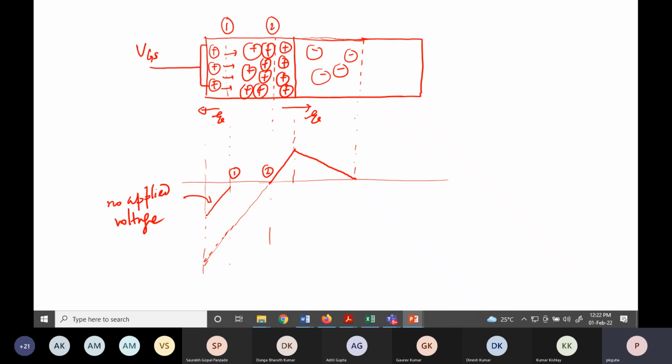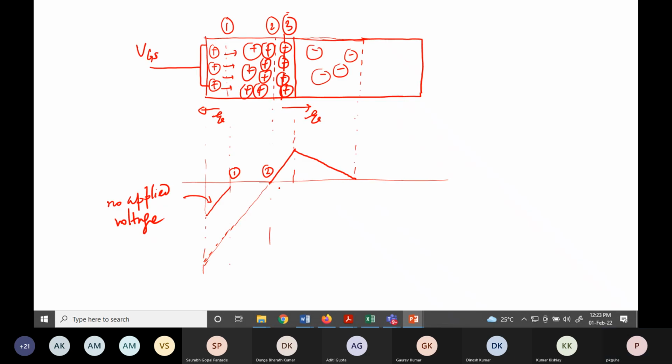We will not only deplete the entire aluminum gallium arsenide, but if you keep on increasing it further, then the depletion region because of the Schottky will invade the PN junction depletion region and will take some of the positive immobile ions from the PN plus depletion region.